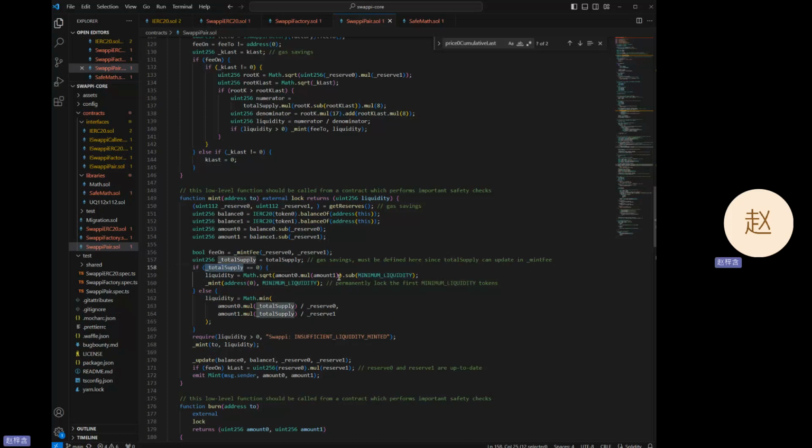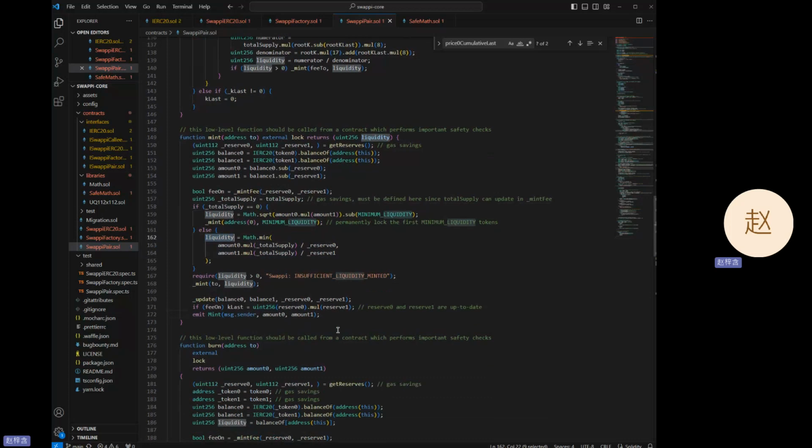But what if the total supply is greater than 0? So we will check which is the minimum, and so the liquidity will be amount 0 times the current total supply divided by reserve 0, and check which token ratio is the minimum from the user's deposit.